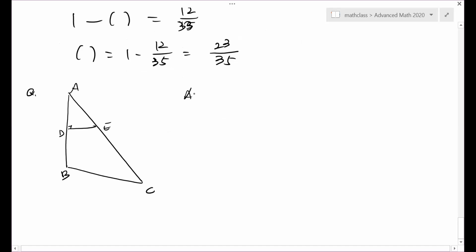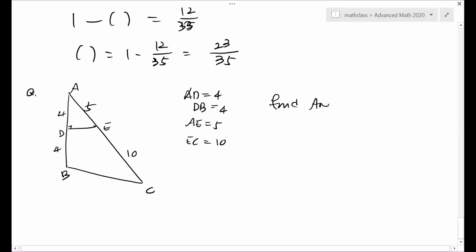We are given AD equals 4, DB equals 4, so it's 4 and 4. We are also given AE equals 5, so this side is 5. And we are given EC equals 10.